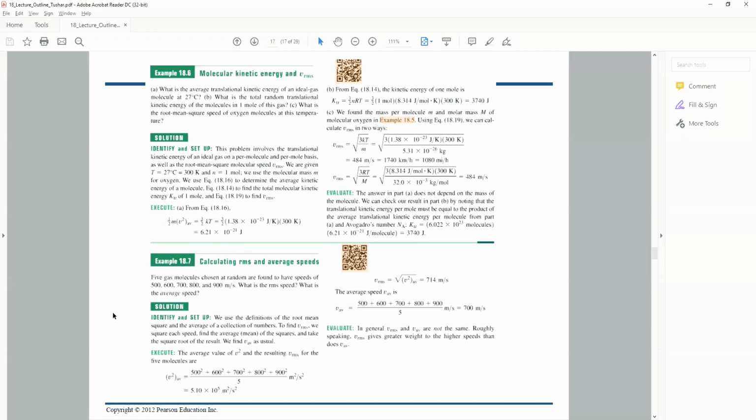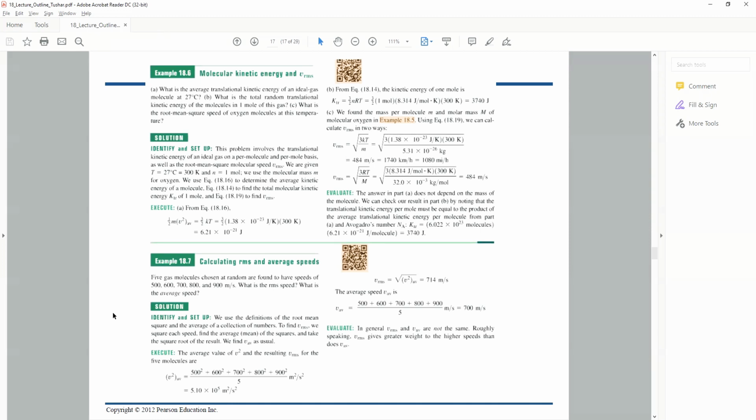And lastly, what is the root mean square speed? The root mean square speed is equal to the square root of 3kT over m. So for the gas, that is 1.38 times 10 raised to negative 23 joules per Kelvin times 3 times the temperature at absolute value, that is 300, divided by the mass of the oxygen gas molecule.